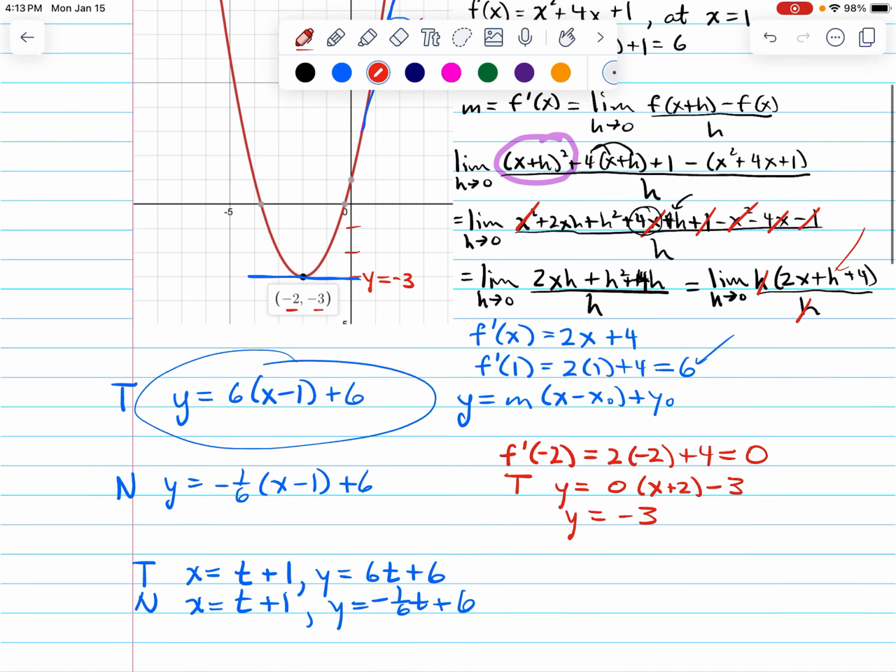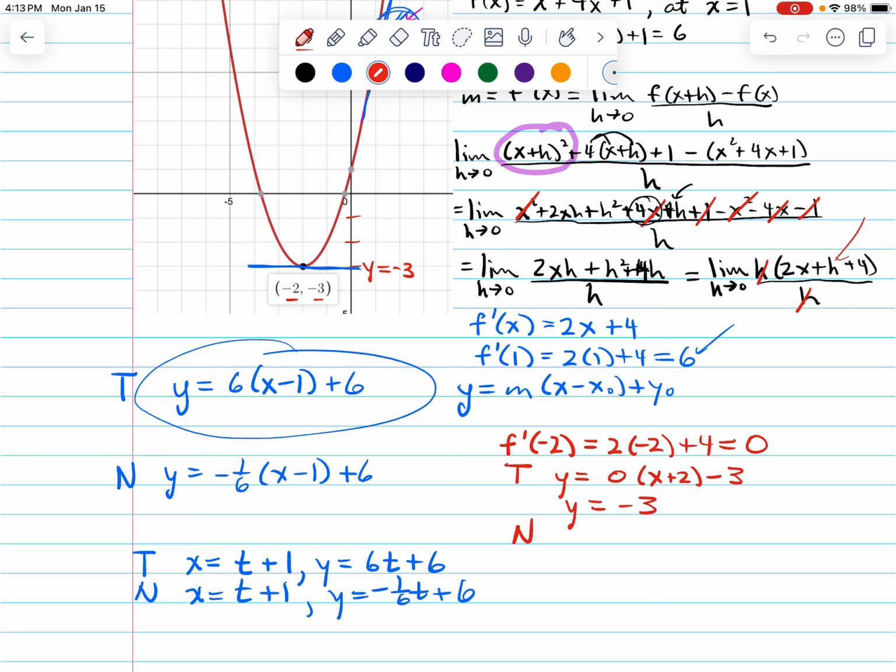Now, think about what the normal would be. The normal is just perpendicular to it, so what is that line? Well, that's x equals -2. See, it doesn't exactly fit our pattern that we've been using, but you can see x equals -2, yeah, that's perpendicular to y equals -3.